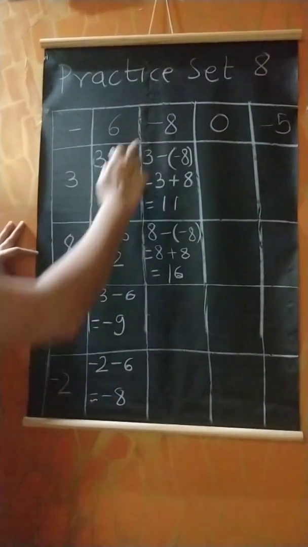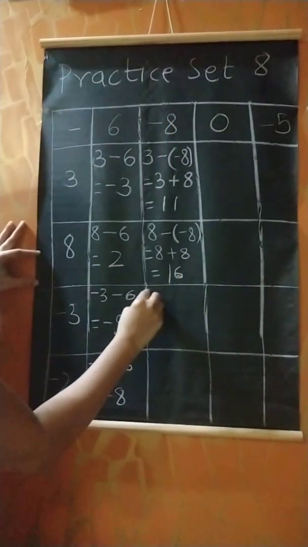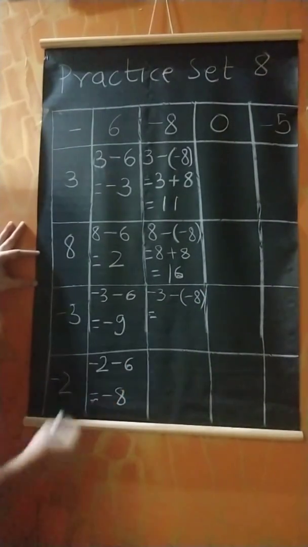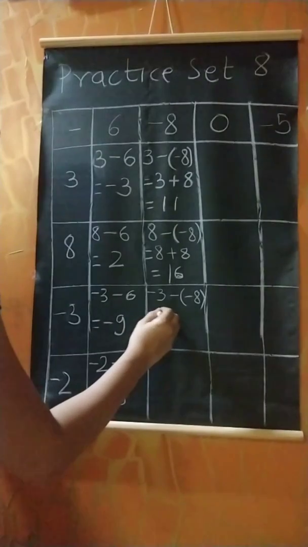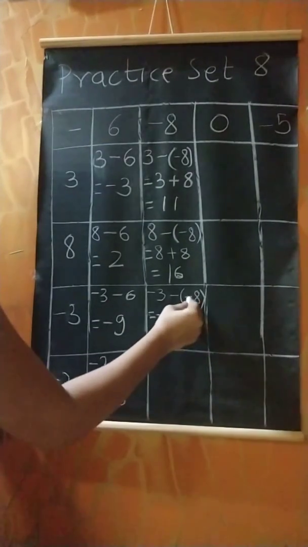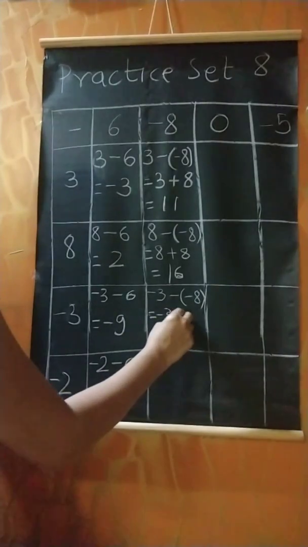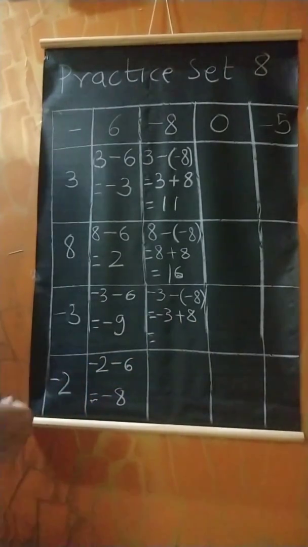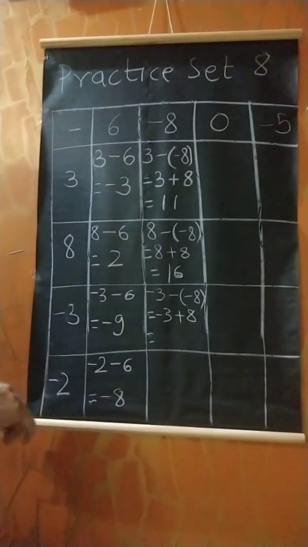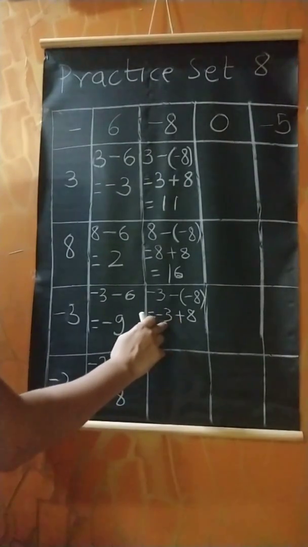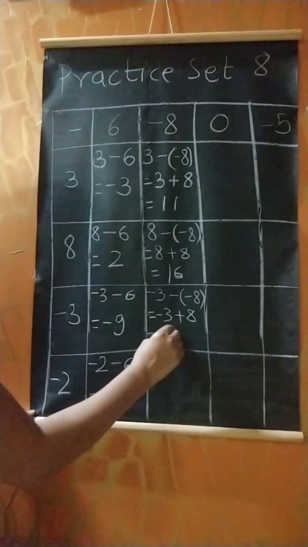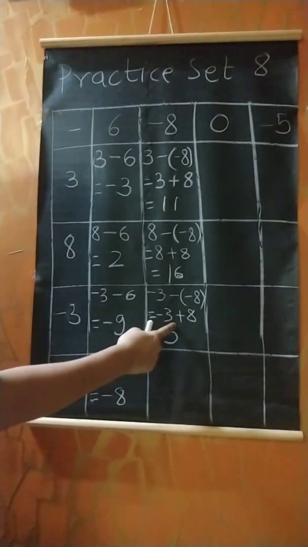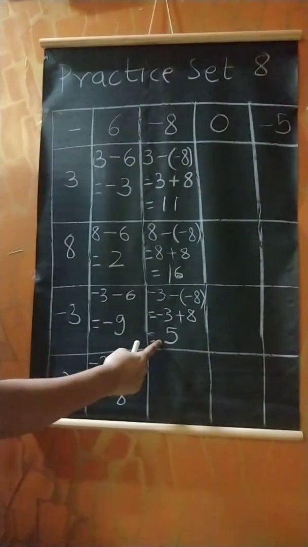Okay. Next, minus 3 minus (minus 8). See here, minus 3. Now this minus 8 will be plus 8. Now opposite signs are there, so you have to subtract the smaller number from the bigger number. So subtract 3 from 8, the answer will be 5, and in this case 8 is the bigger number with a positive sign, so your sign will be plus.